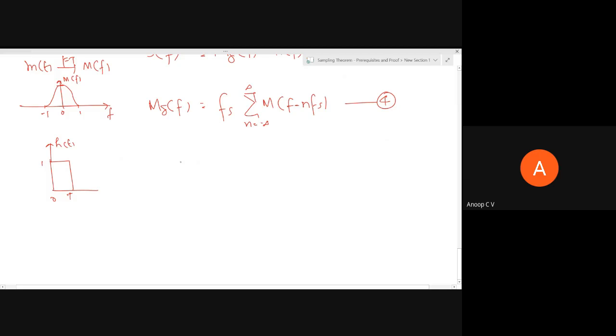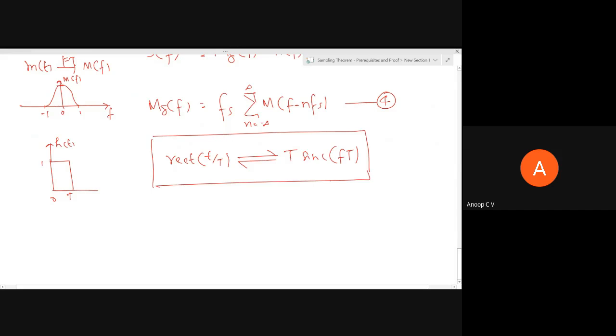We know the spectrum of a rectangular function: rect of t by capital T is a Fourier transform pair with T sinc of fT. This is a very basic result which you may all know. So the rectangular pulse and the sinc function form a Fourier transform pair.